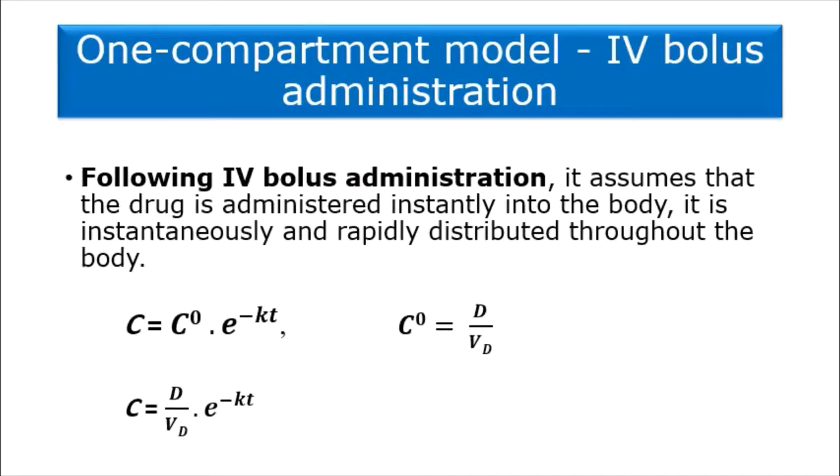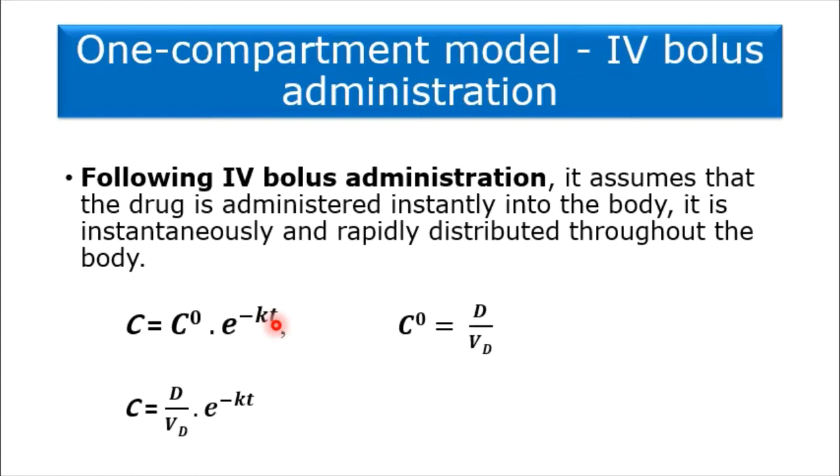Okay, so we start with the one compartment model in case of IV bolus administration. Following IV bolus administration, it assumes that the drug is administered instantly into the body. It is instantaneously and rapidly distributed throughout the body. The equation that can be used to calculate the plasma concentration following IV bolus administration is: plasma concentration at any time equals plasma concentration at time 0 multiplied by e to the power minus elimination rate constant multiplied by the time.